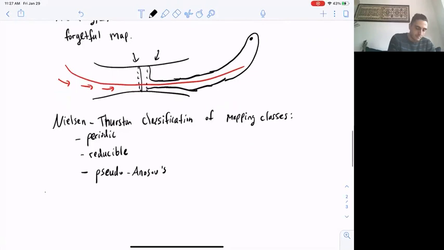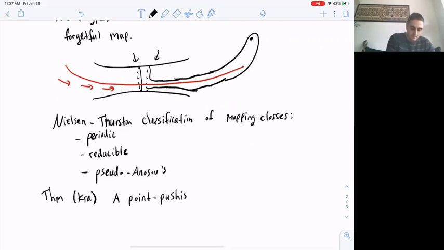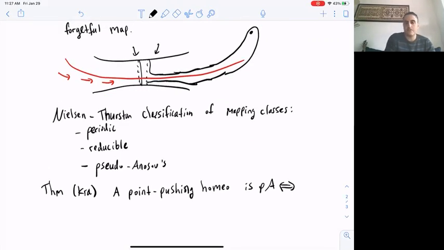I believe this theorem is due to Kra, who first observed that a point-pushing homeomorphism is pseudo-Anosov if and only if the curve that you chose to define it, this red curve, fills the surface, which is to say that no complementary component of the curve has any non-trivial topology.